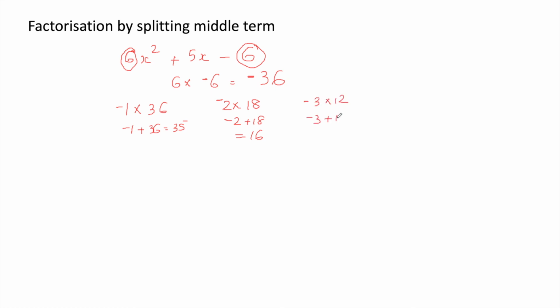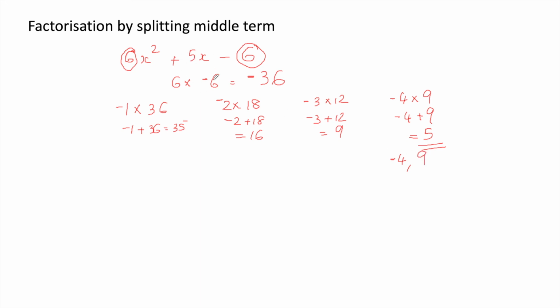Minus 3 plus 12 is 9, so it is not equal to 5. Now I can consider minus 4 into 9. Minus 4 plus 9 we get 5. So these factors make the sum 5, so the factors are minus 4 and 9.